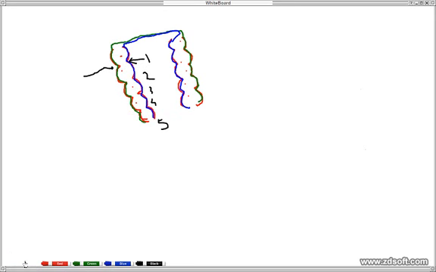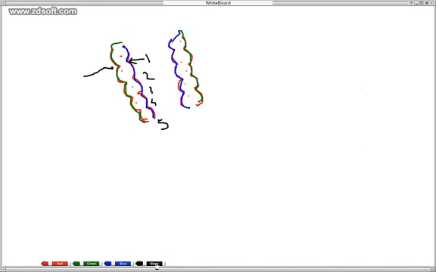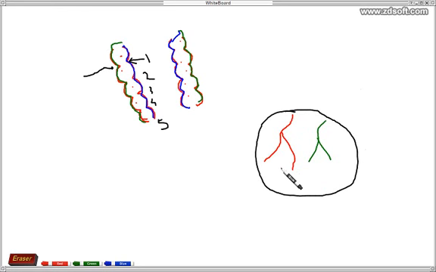Now we'll erase this buccopharyngeal membrane. Okay, now when you look at one pharyngeal arch, it is always associated with an artery, with a nerve, a skeletal system, or you can say a cartilage, and I'll make muscles with blue.